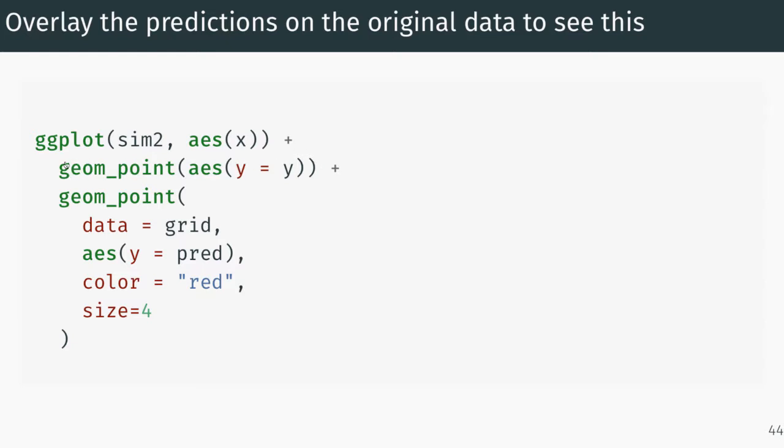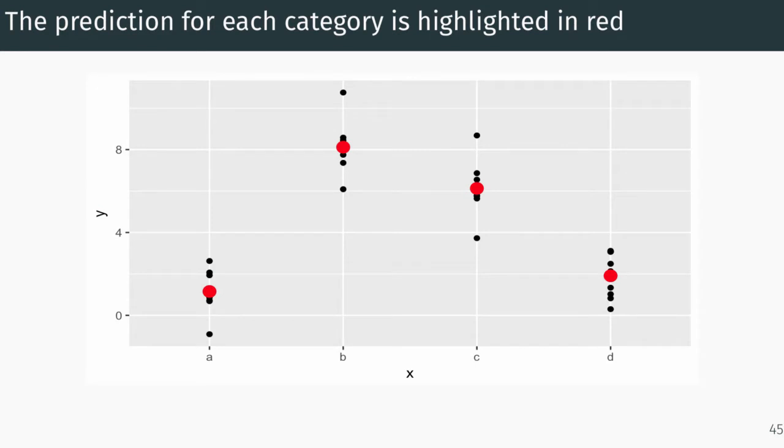We'll plot all the points here, and then we'll also plot one point for the prediction grid. So this is going to be a total of 4 points. They'll all be red, and they'll be quite large, and they'll be the mean for each category. And you can see just at a glance that the 4 red points are the means for those 4 categories.